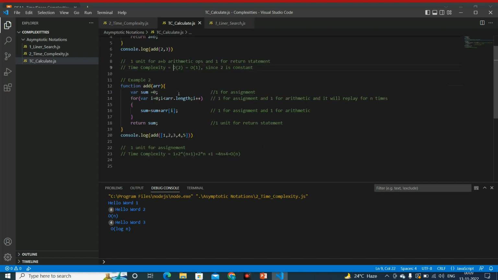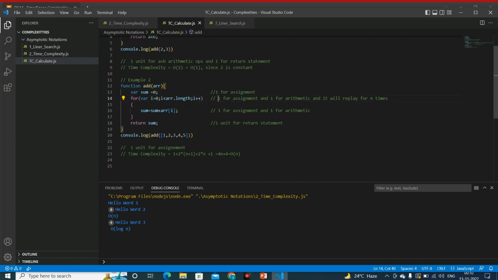Now in the second example, we are passing one array and we are summing the array. Here sum is equal to 0. It means it is an assignment. An assignment has 1 unit time. Then here we are doing an arithmetic operation as well as an assignment.